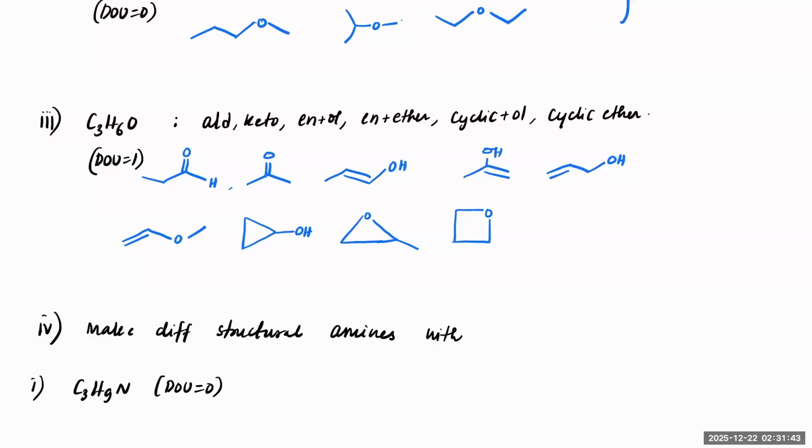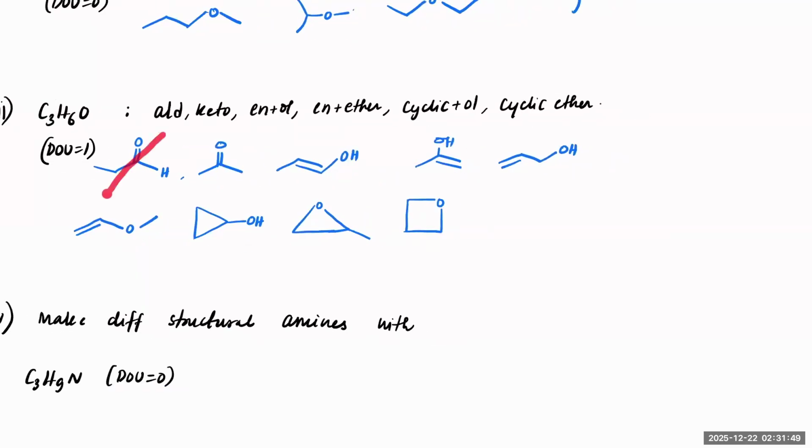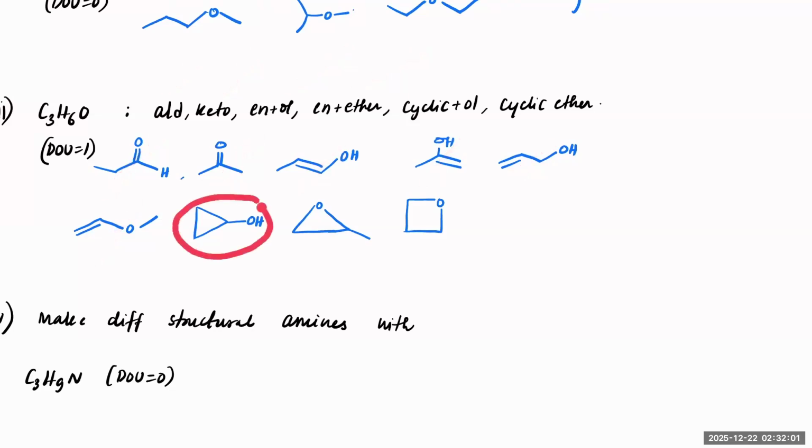Now tell me how many different types of functional isomers we have here. See, this is a different function, different function. So aldehyde is a different function, ketone is a different function, enol is a different function, ene ether is a different function. Cyclic alcohol is also a different function, and cyclic ether is also a different function.